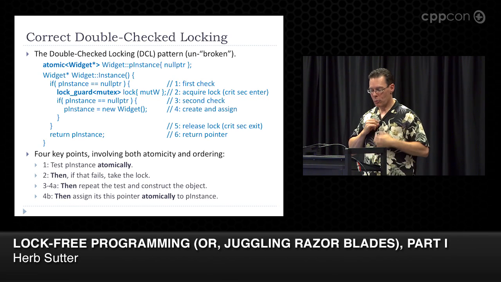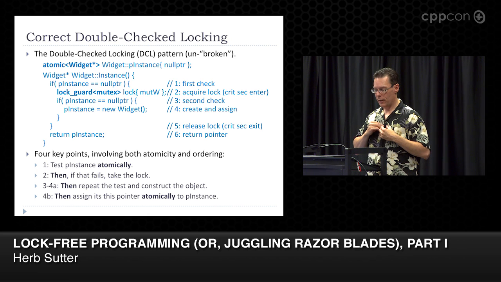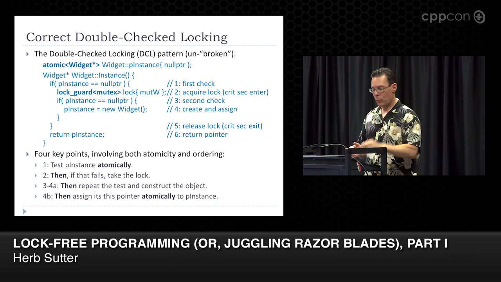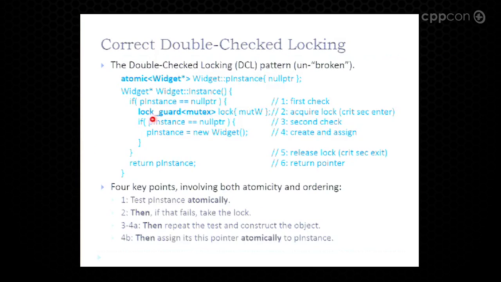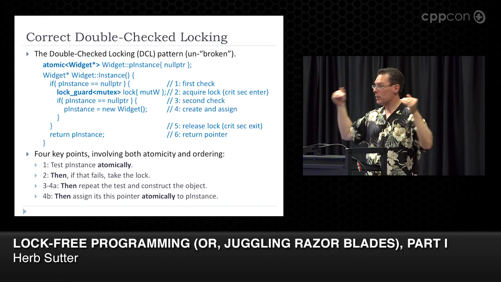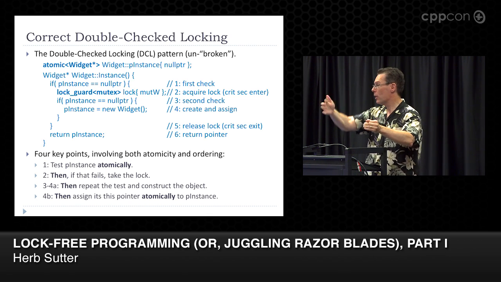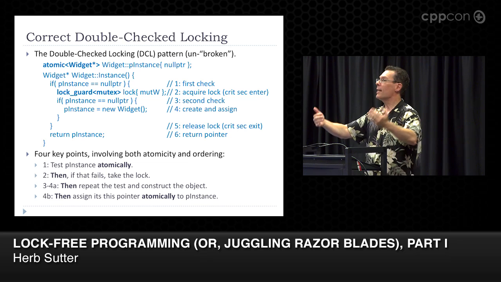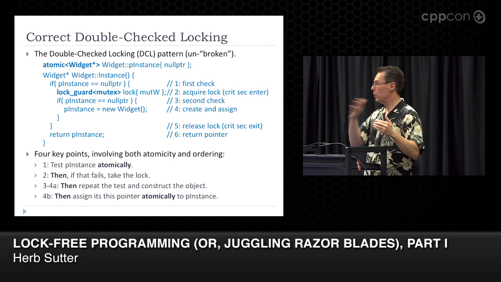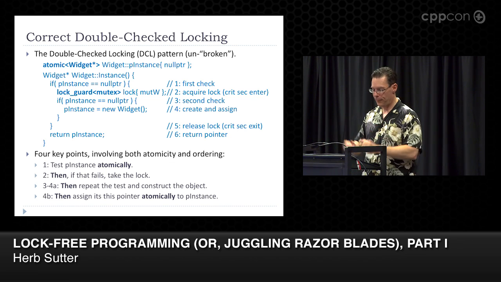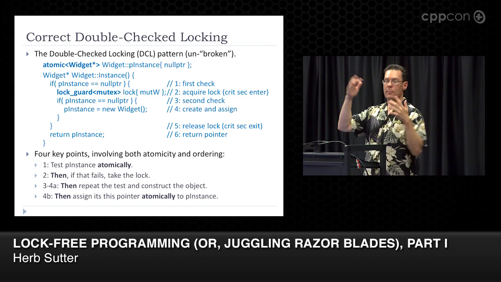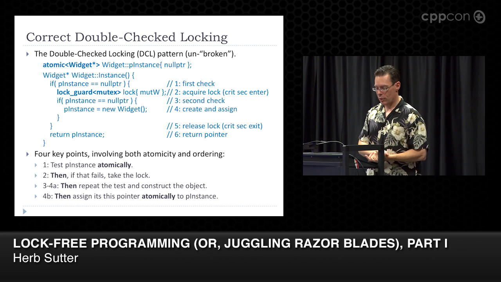And here what we do is we make sure that we take that lock. Then we check that p instance is still null. Why? Because if more than one of us got there at the same time to be the first to ask for instance, somebody else might have got the lock just ahead of me and already done all this work. So this second test is just in case there's multiple of us trying it concurrently at the same time. We check it's null to make sure only one of us actually creates the widget.